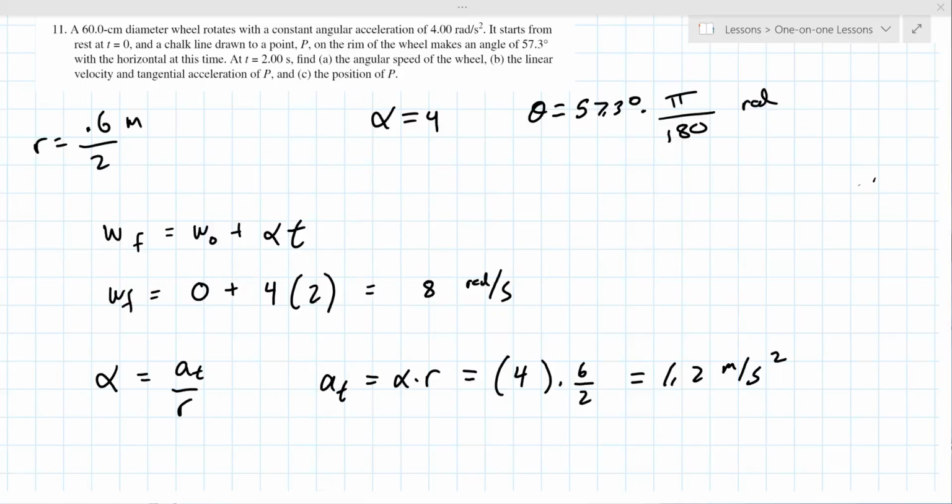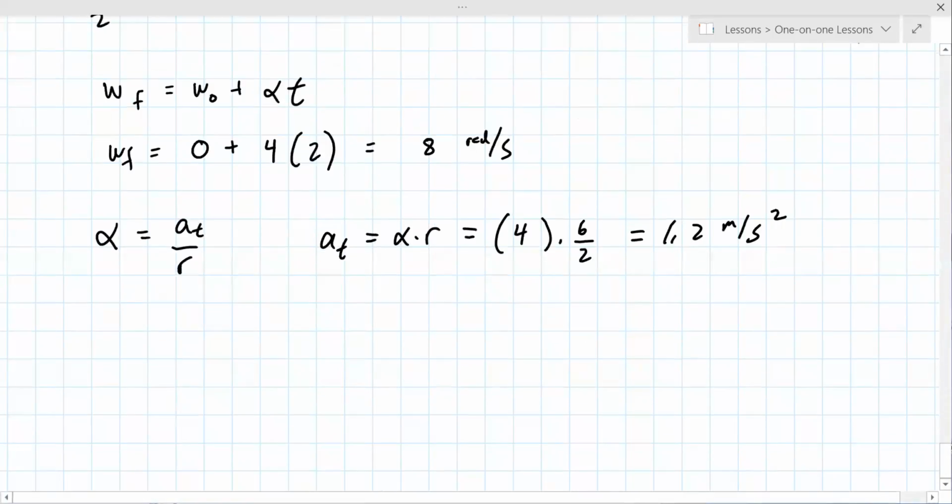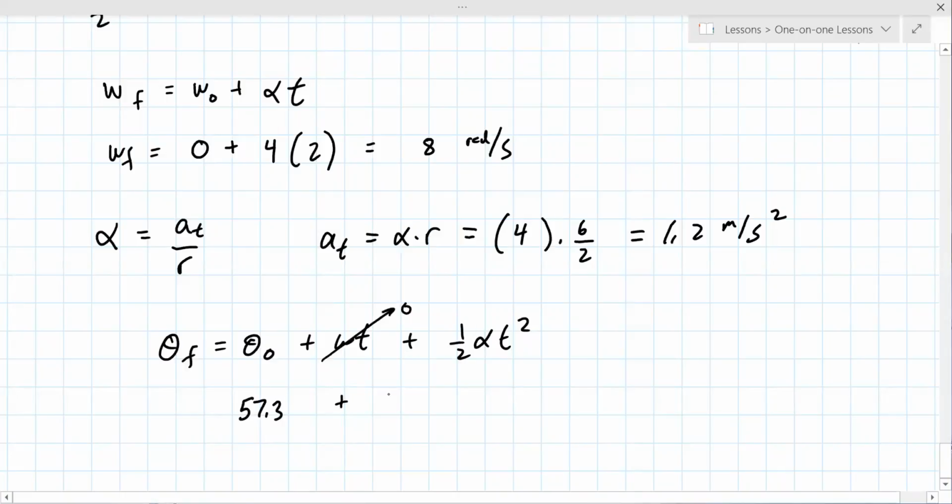The angle is theta final equals theta initial plus omega t plus 1/2 alpha t squared. Your theta initial is 57.3 degrees. Your omega initial, it was initially at rest. So it's 1/2.